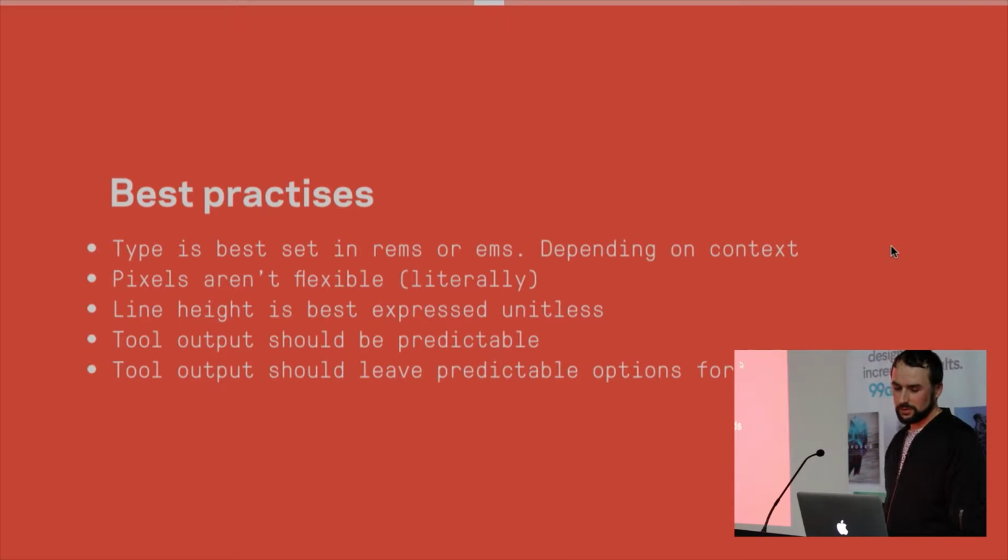One thing that's really great about Sassline was the use of rems. This is a really powerful way to set up your typography, because it means that you can take advantage of scaling your interface, which is really quite powerful.